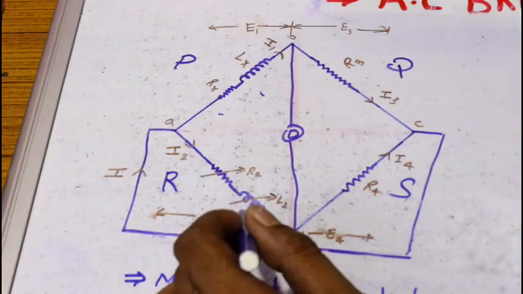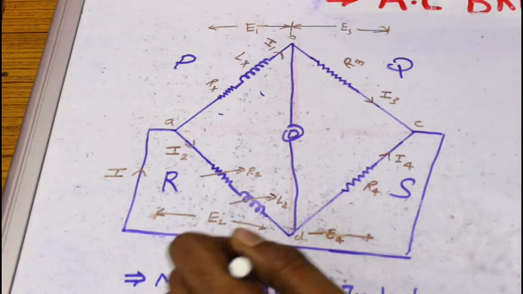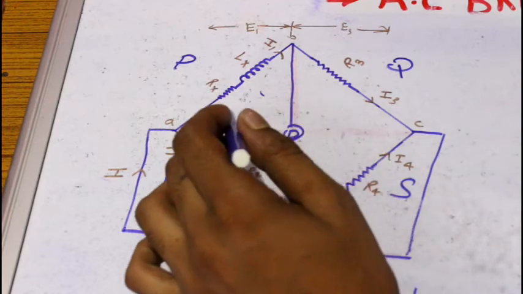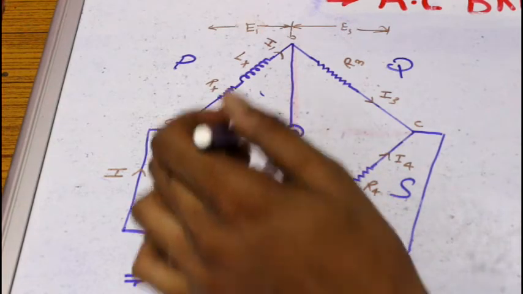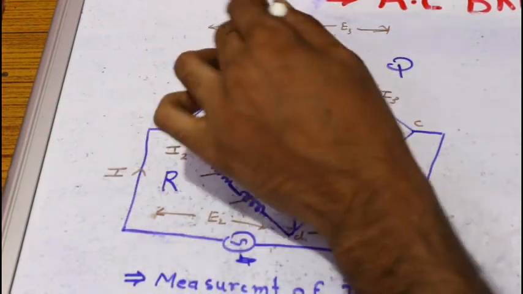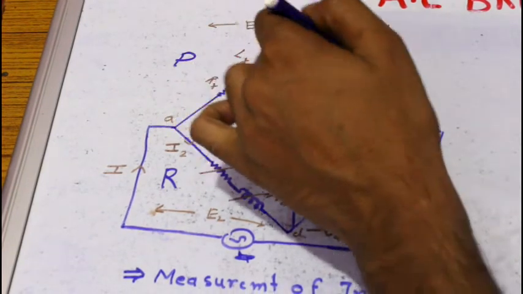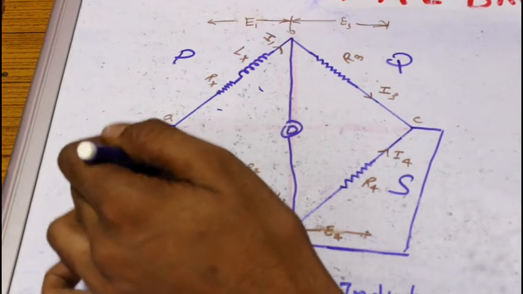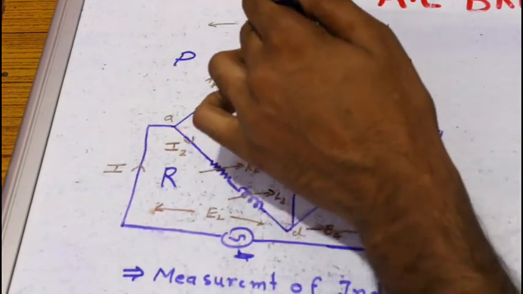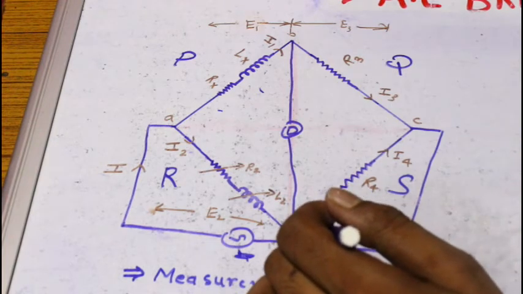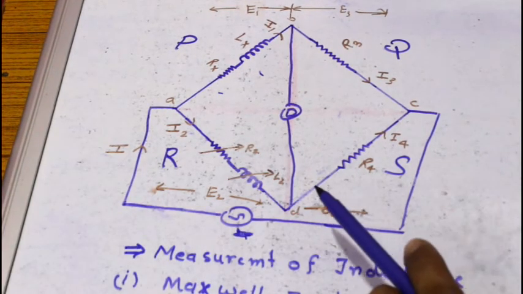Here we apply AC voltage in this circuit. The voltage across the first branch is E1, across the second branch is E2, across the third branch is E3, and across the fourth branch is E4.